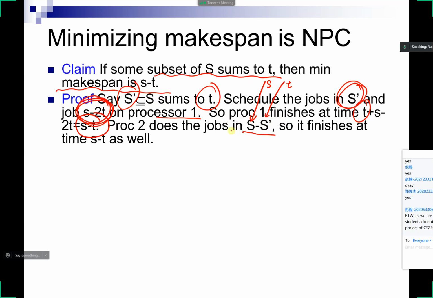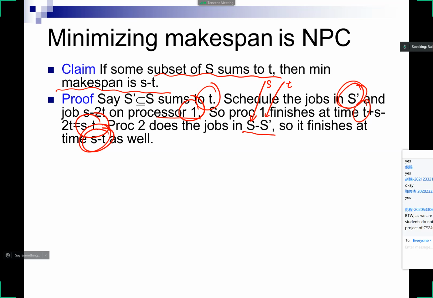So therefore, the time to finish all the jobs in S minus S prime is going to be s minus t. So processor 1 finishes at s minus t, and processor 2 also finishes at s minus t. Since the makespan is just the largest finishing time, our makespan is s minus t.